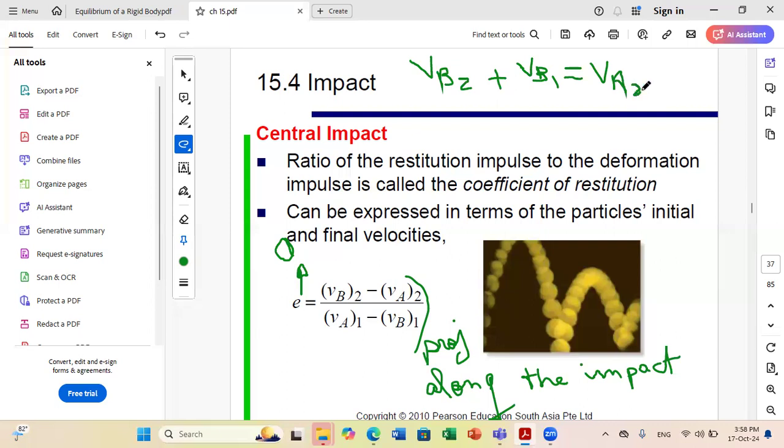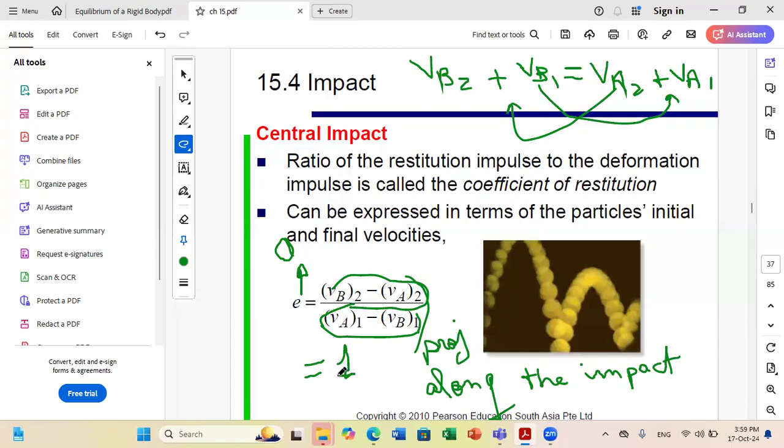We proved this together last time for elastic collision. So now if I take VA2 to the other side and VB1 to this side, I deduce that VB2 minus VA2 is equal to VA1 minus VB1. So in case of elastic collision, what is the restitution coefficient? It's 1. And then I can say that 100% of the energy is restituted to my particle.